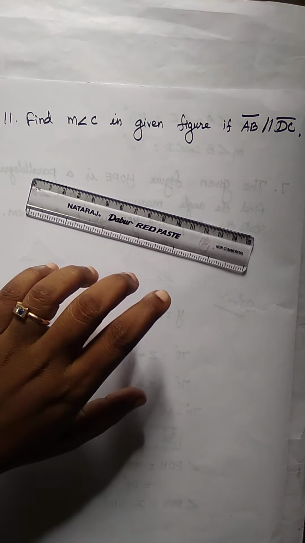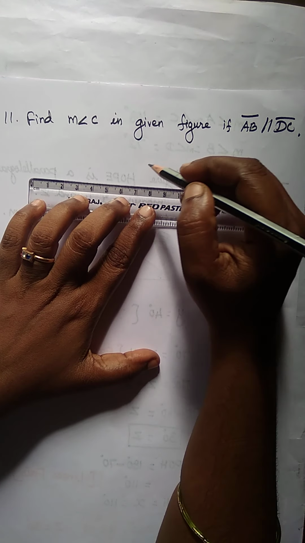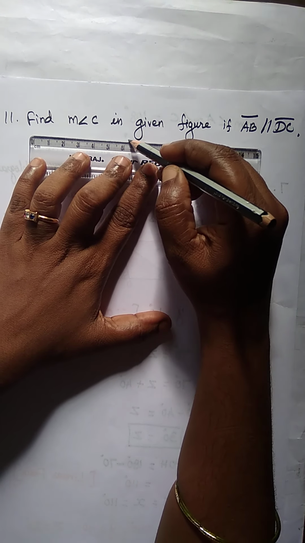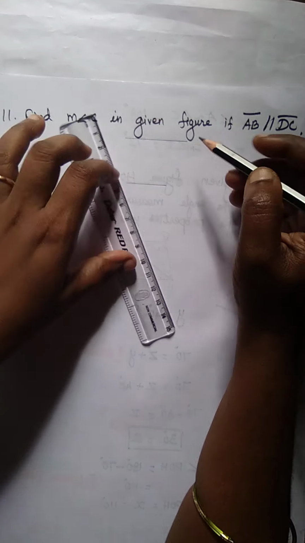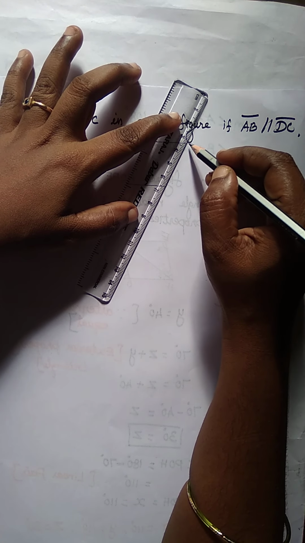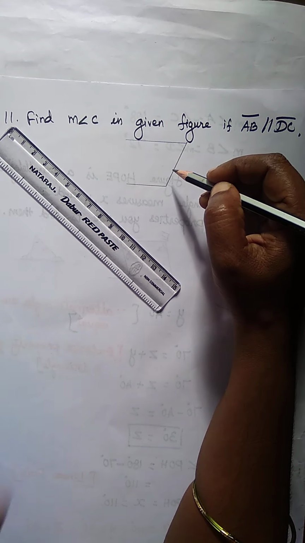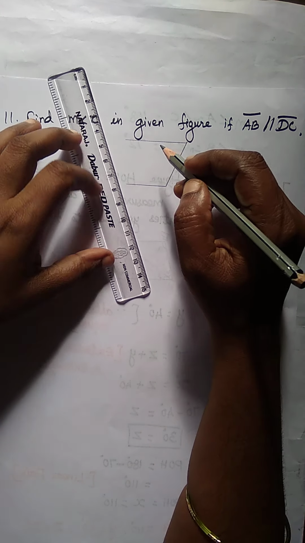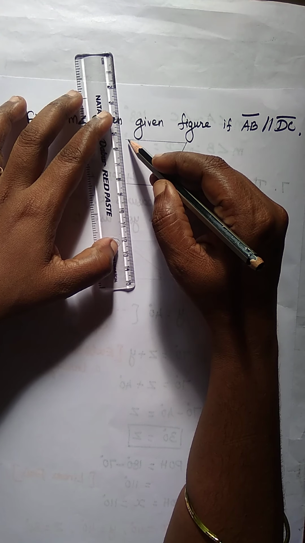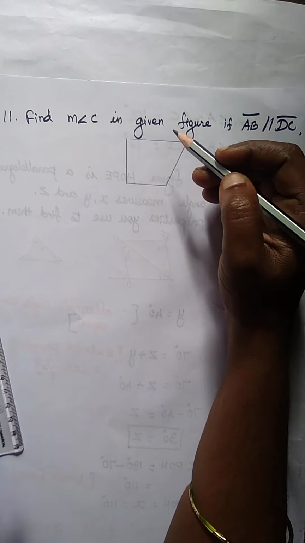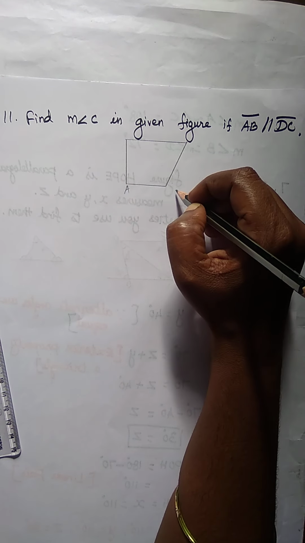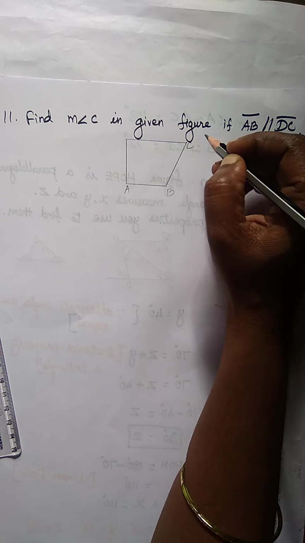Okay, so now draw the diagram. So this is a diagram. Using this diagram we are going to find the angle C. Okay, A, B, C, D.